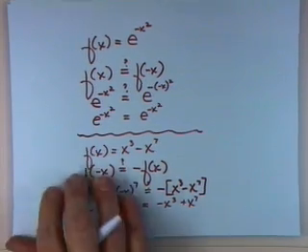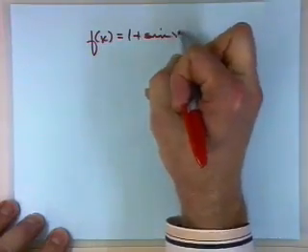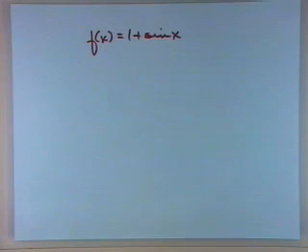Okay, and one that's neither. Let's take 1 plus sine of x. Now, if this were sine of x by itself, is that even or odd? It's odd, right? Sine has symmetry with respect to the origin, does not have symmetry with respect to the y-axis.